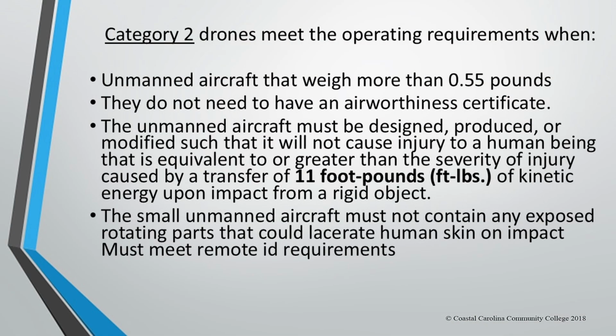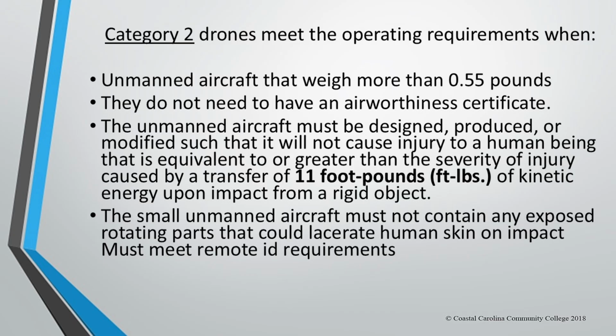Now, category 2 are unmanned aircraft that weigh more than 250 grams. They do not need an airworthiness certificate. The unmanned aircraft must be designed, produced, or modified such that it will not cause injury to a human being that is equivalent to or greater than the severity of the injury caused by the transfer of 11 foot-pounds of kinetic energy upon impact.